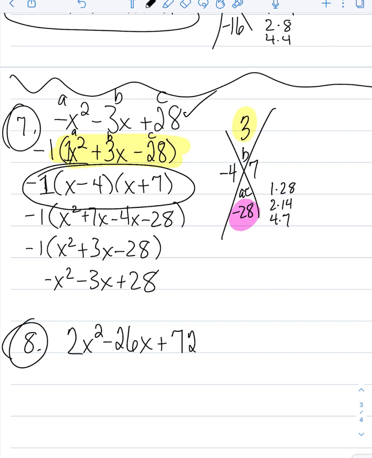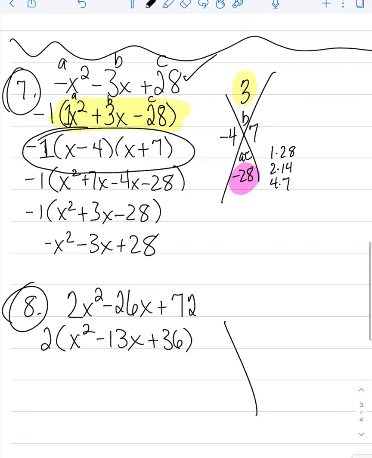In this case, I notice every one of these, 2, negative 26, and 72, are divisible by 2. 2x squared divided by 2 is 1x squared, so I'm just going to write x squared. Negative 26x divided by 2 is negative 13x, and 72 divided by 2 is 36.